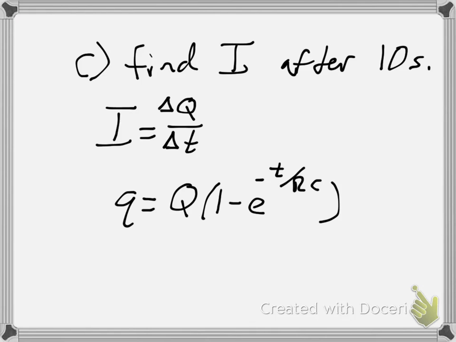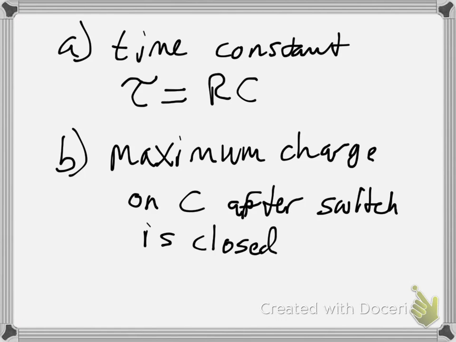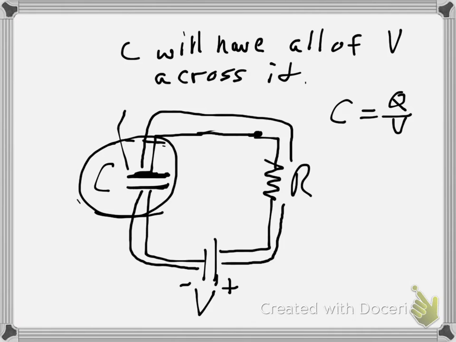Now, remember that the current flowing through the resistor is going to be the same as the current flowing throughout the entire circuit. So the current flowing through the resistor here must be the same current flowing out here.